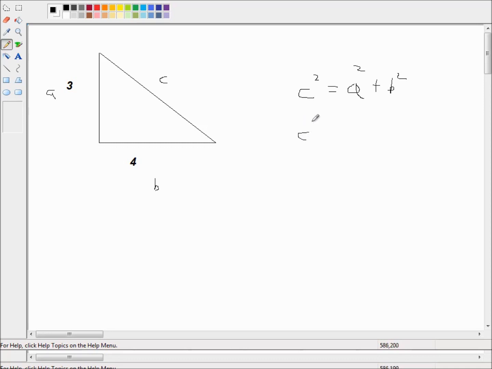So c squared is equal to 3 squared, because a is 3, plus b squared, which is 4 squared. So c squared is equal to 9 plus 16.